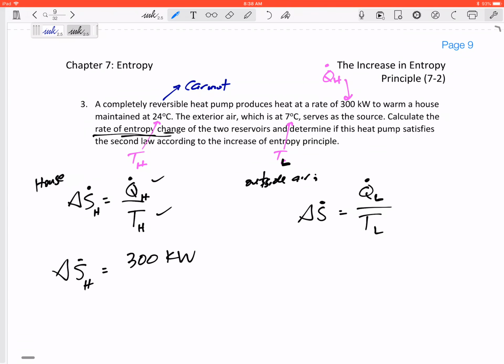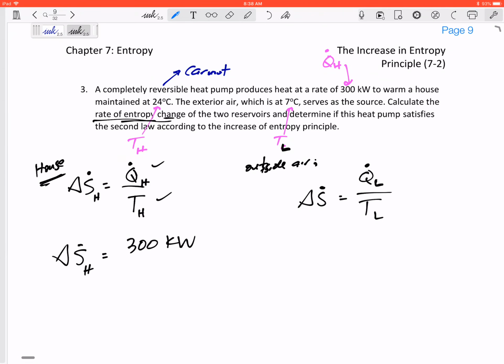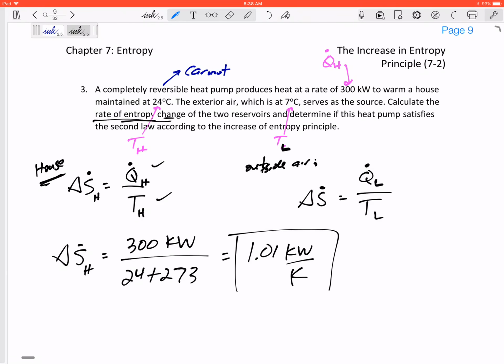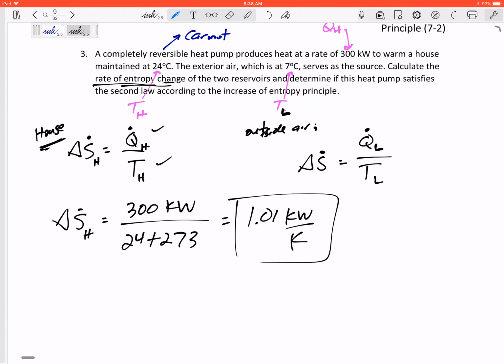The house is receiving that Q, that's a Q into the house. So positive 300 kilowatts over the temperature of the house, 24 degrees C, but it's got to be absolute temperature. So this would be positive 1.01 kilowatts per Kelvin. That would be the rate of entropy change of the house.